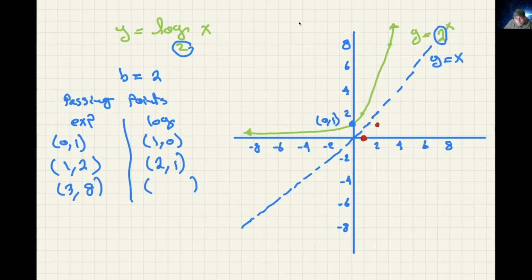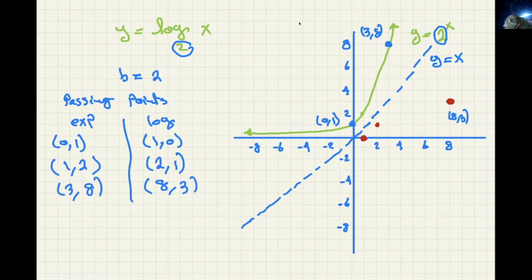So there's a point, 3 and 8. In the log function, I have to swap them, so I have 8 and 3. I have to find the point here, 8 and 3. Okay, and I think I need to do that in red.